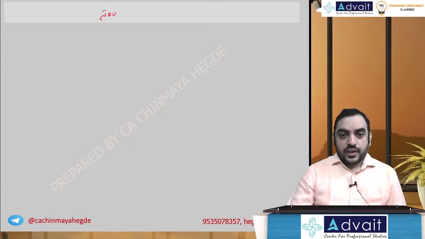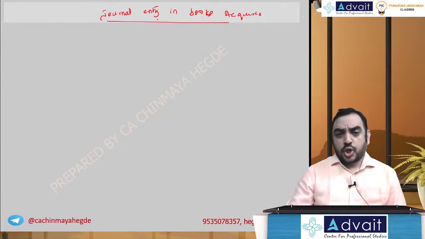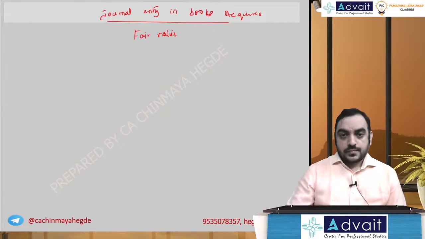Journal entry in the books of acquirer, in consolidated books of acquirer. Two methods, I'll do it in a columnar format: fair value method and proportionate method.